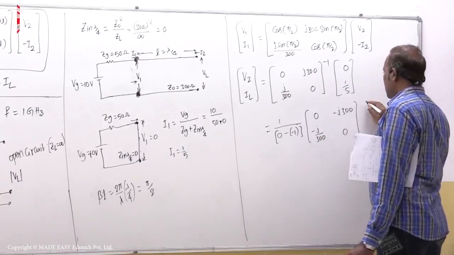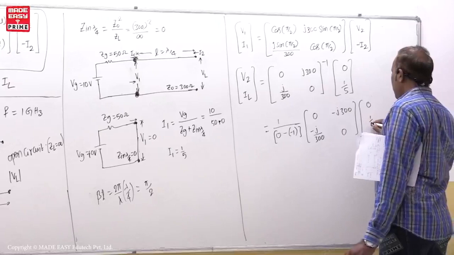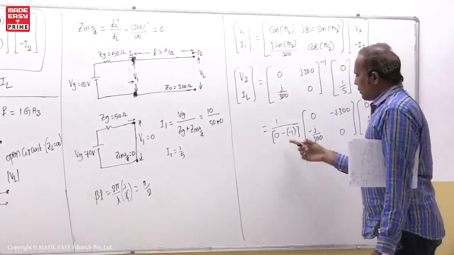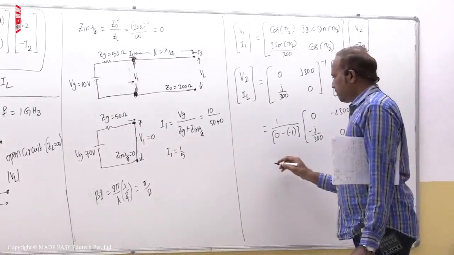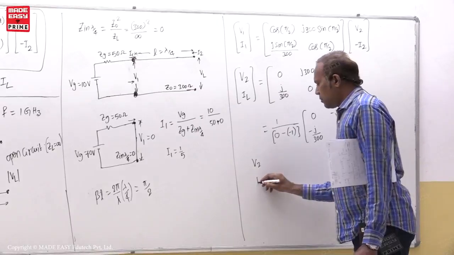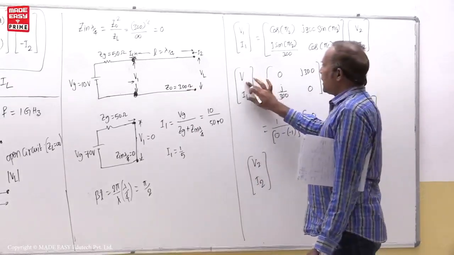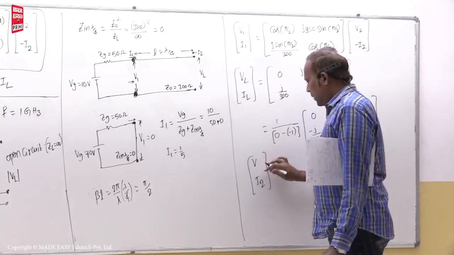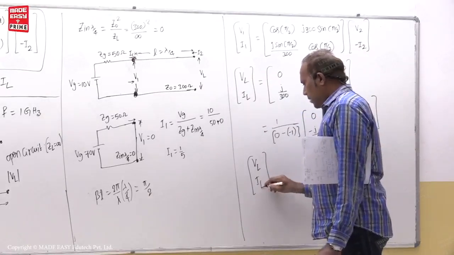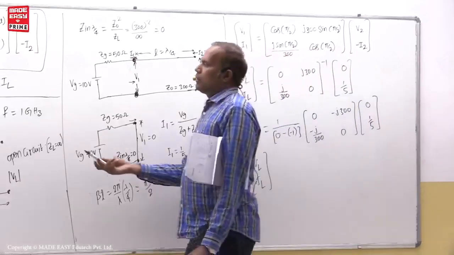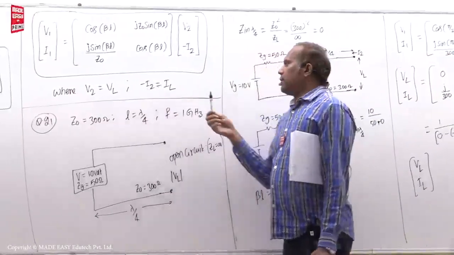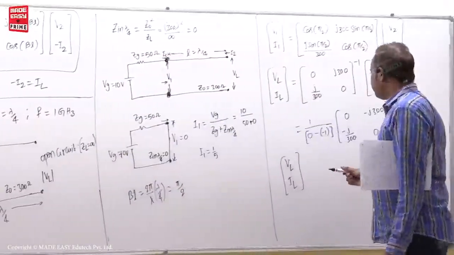Interchanged them. So this is 0, 1 by 5. This is 1. Okay. Now V2, I2 is VL, IL, because V2 is equal to VL and minus I2 is nothing but IL.